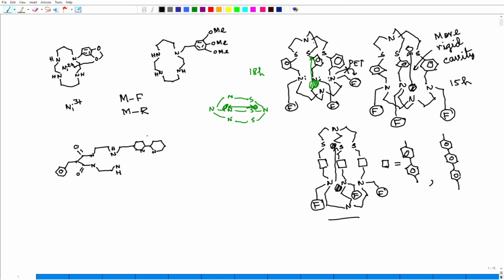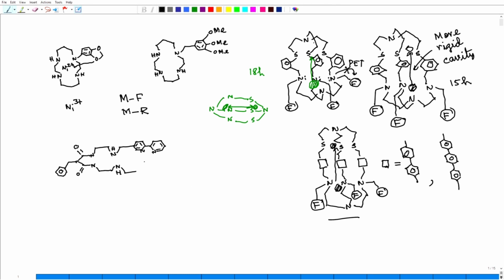So, this 2,2-bipyridyl, yeah, I got this, and similar is the case here.